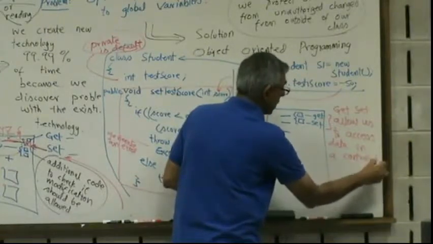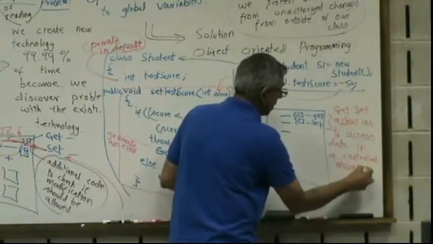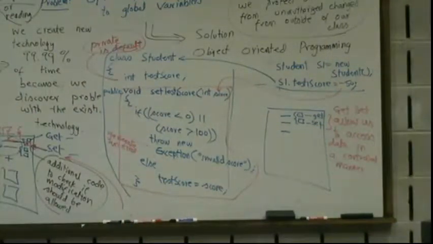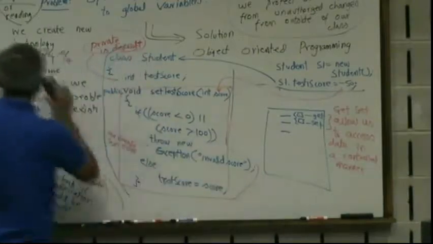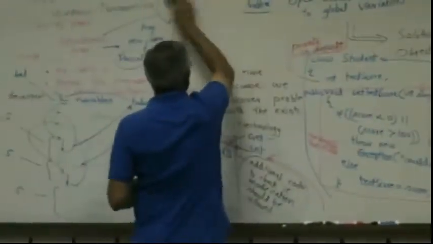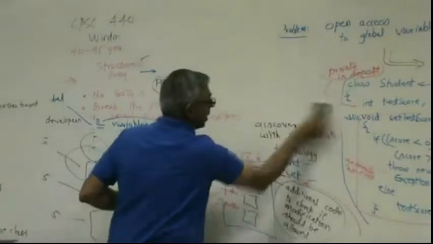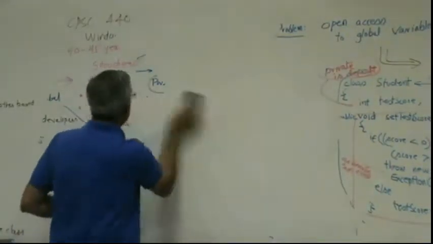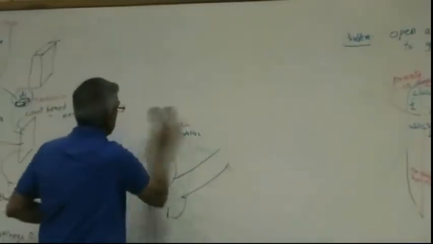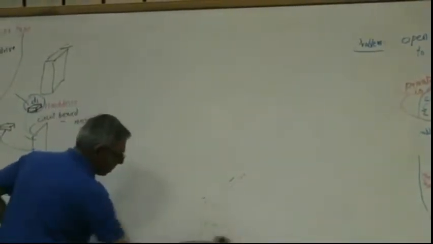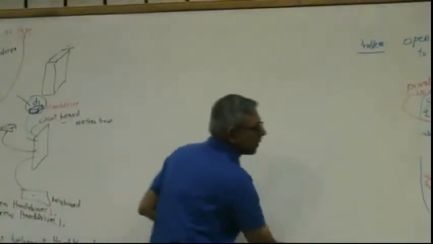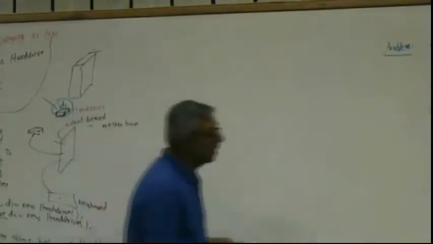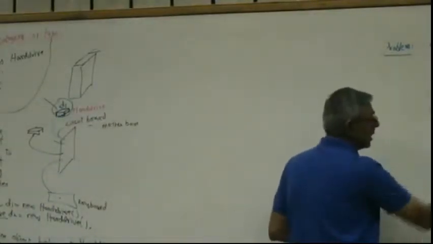We keep the data private, and we provide get and set to allow us to access the data in a controlled manner. By the way, this was just the set test score.